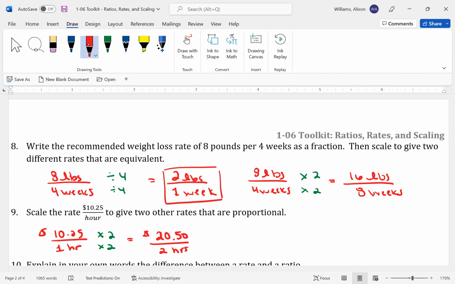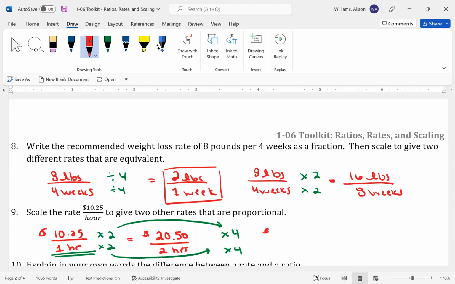Okay. Let's pretend this is like a wage then. Let's do it by 4. Let's multiply 10.25 by 4. So here I'm going to be a little bit lazy and I'm going to just indicate that I'm timesing both top and bottom by 4 this time. So I'm looking at the original here. So 10.25 times 4, let's see, that should be 41.